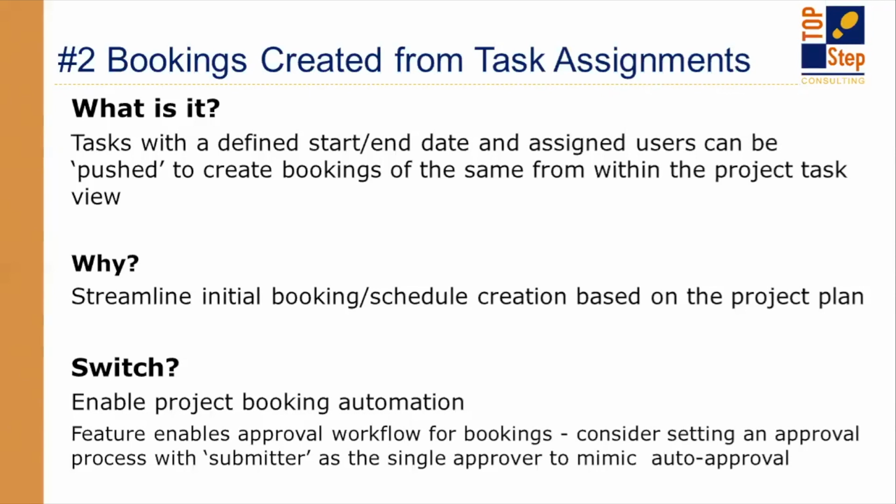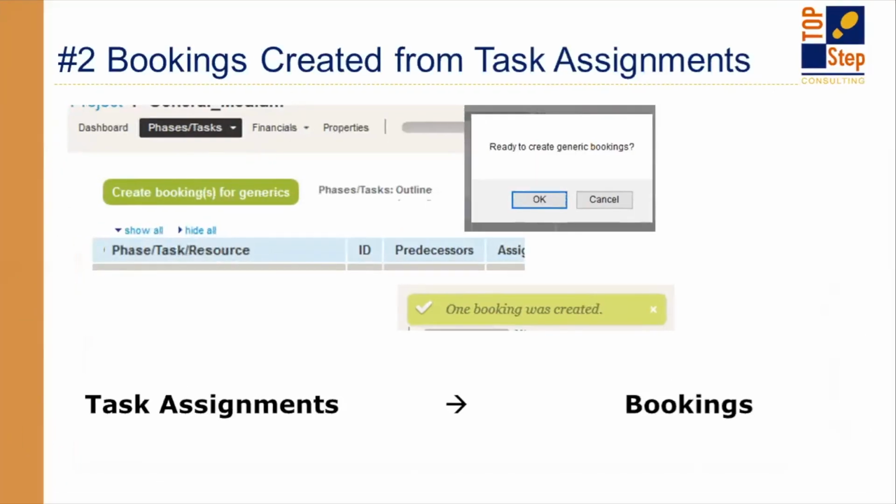So there's this workflow that gets turned on, but you can actually make that an auto approval by using an approval workflow with the word submitter as the approver, and that can sort of work around the workflow activity.